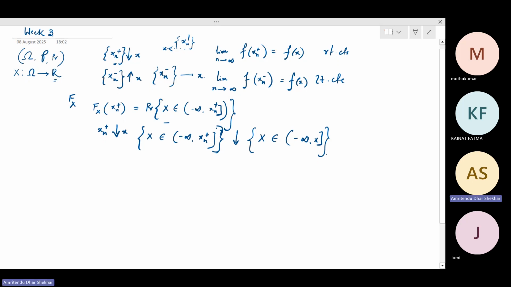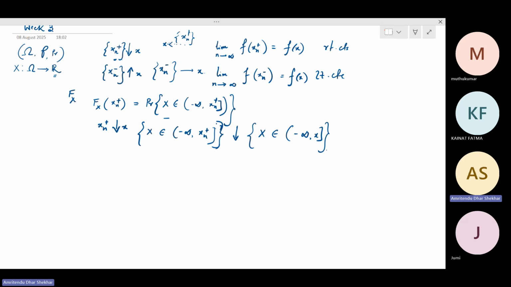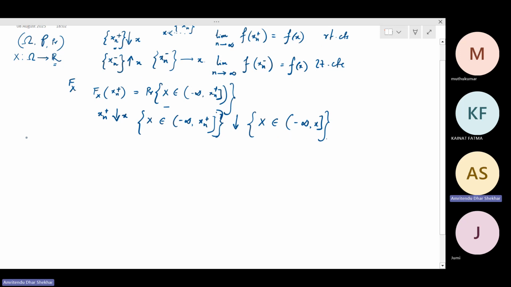And we discussed last time that if we have a descending sequence of sets, just think about it in this way. Let's say this was x. Here, let's say you have some xn, and this is all the way up to minus infinity.